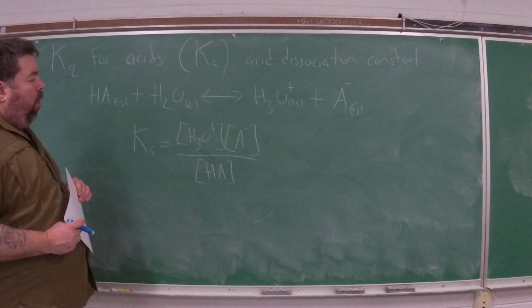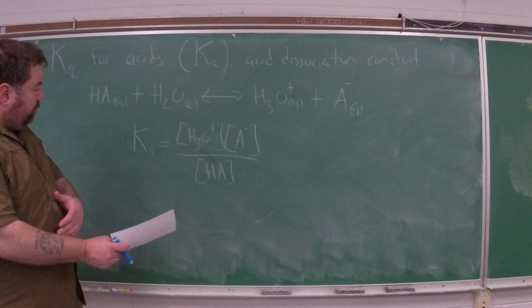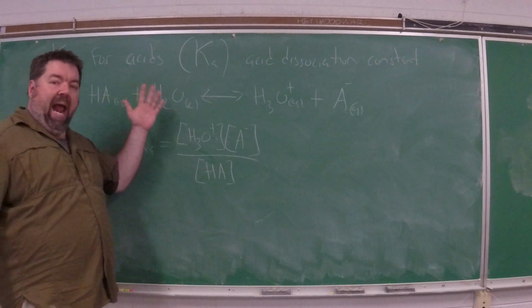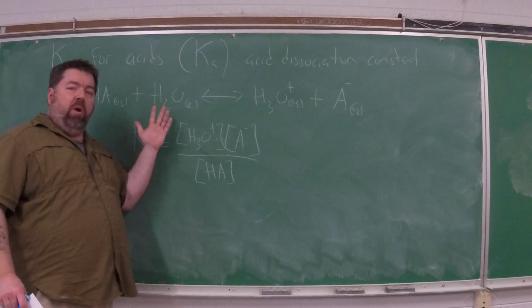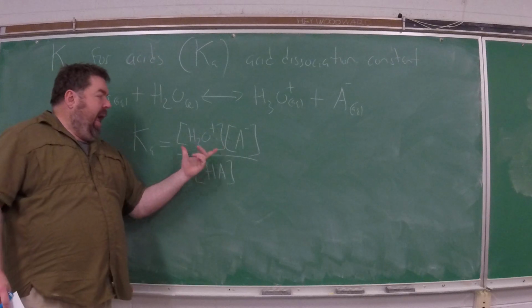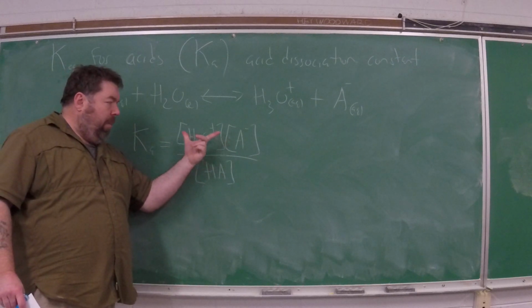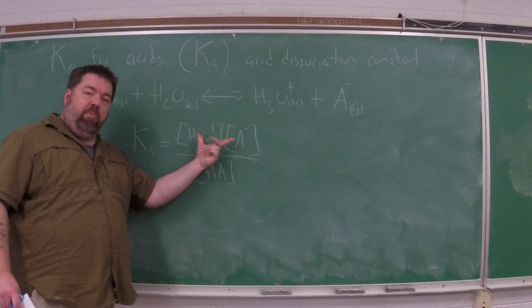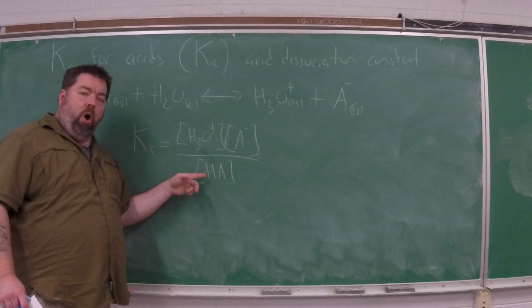Now, we can imagine if we have a stronger acid, as our acid strength grows, what's going to happen? You're going to have more and more products. If your acid is stronger, what's going to happen to your numerator? It's going to be larger. This will be smaller.